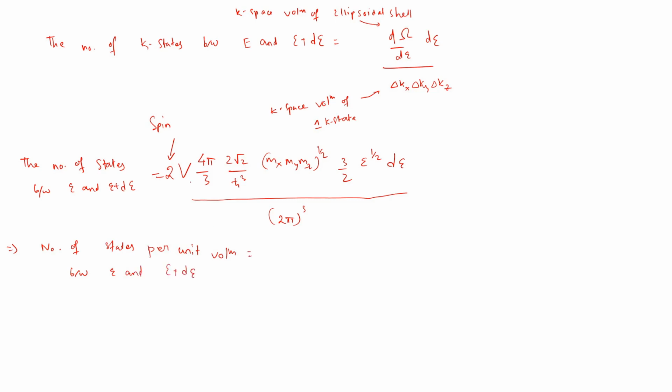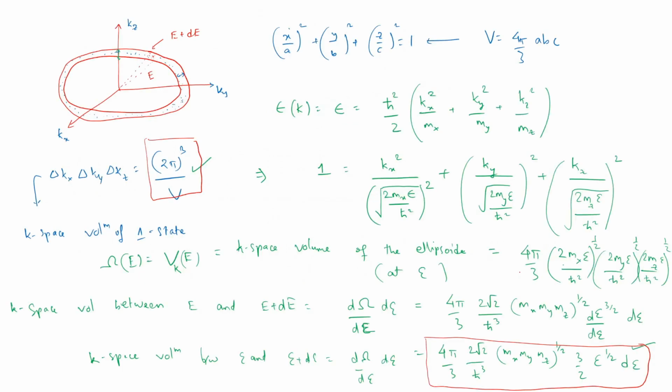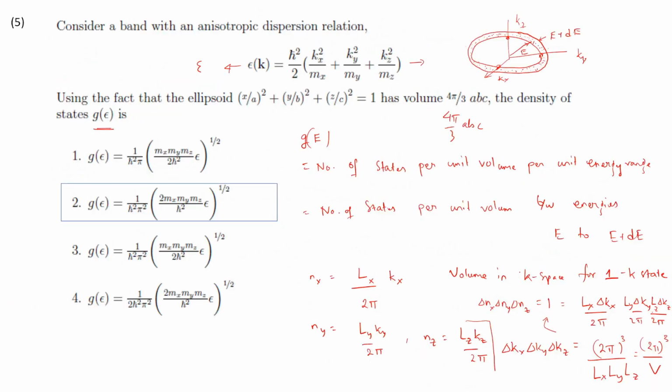Since it is per unit volume, we have to divide by this volume now. So it will be 2 times 4 pi by 3, 2 root 2 by h bar cube, E to the power 3 by 2, mx my mz to the power 1 by 2, over 2 pi whole cube. The question was asking about the density of states.